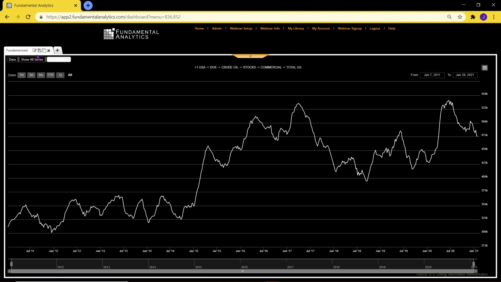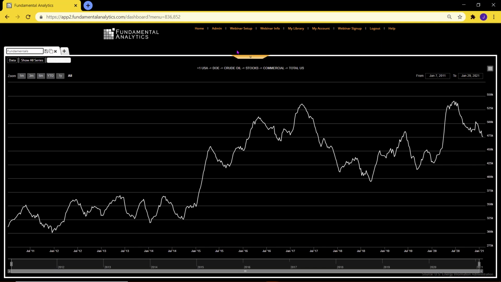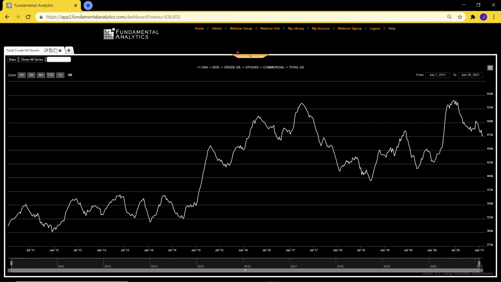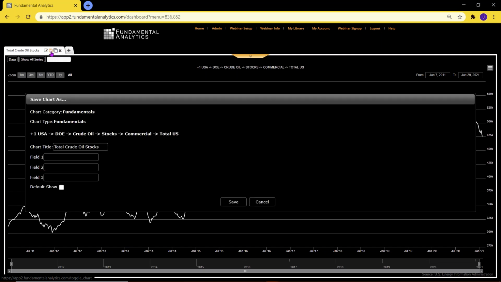Now, if I were looking at this on a regular basis and didn't want to go through the steps, I can do a couple of things here. First, I'll click on this to edit the title. The default was the fundamentals, and so I'll call this Total Crude Oil Stocks. And then if I wanted to have this saved, so to speak, in my library under my password, I click on Save, and it shows me where it came from, its fundamental data.